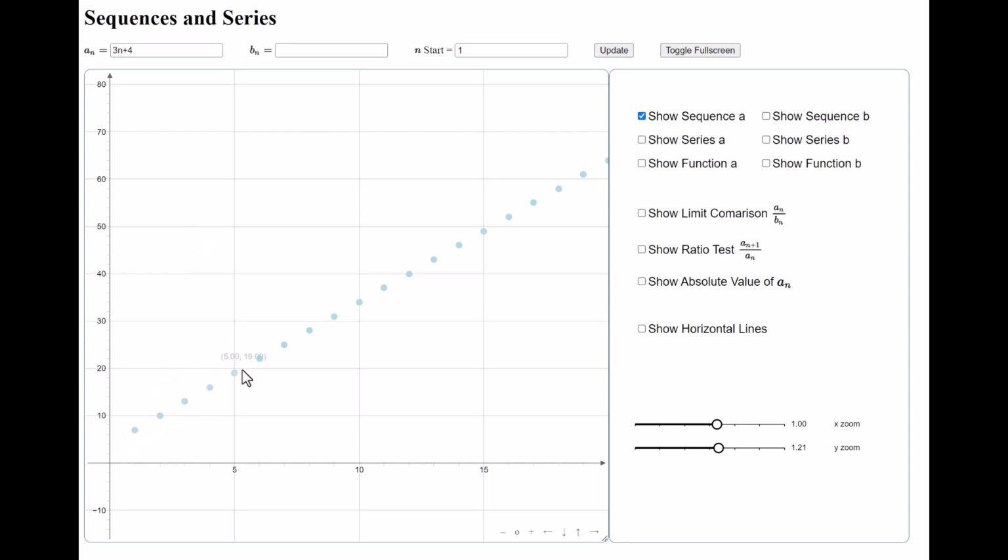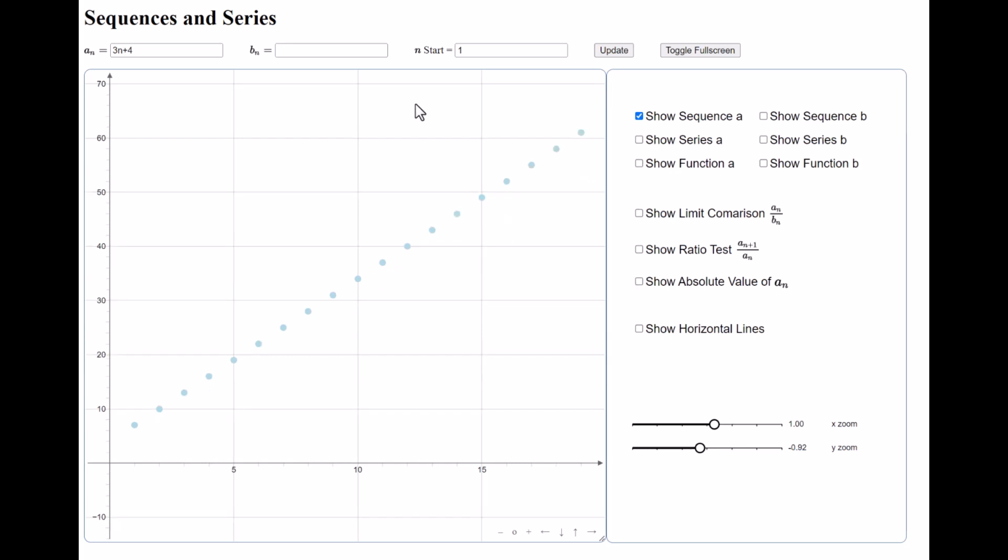There's not an actual line running through these points because we're only defined on the positive integers starting with 1. But you can see different sequences and what they ultimately look like in this applet pretty easily. If you want to compare it to another sequence, say natural log n divided by n, you can do that. You can graph them both on the same set of axes.